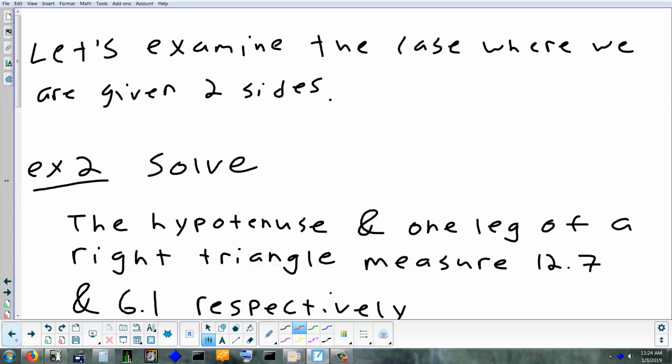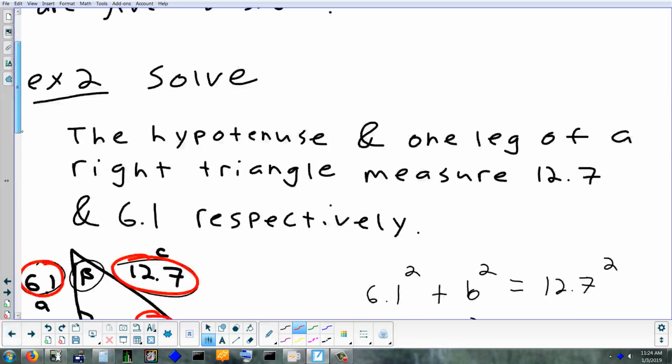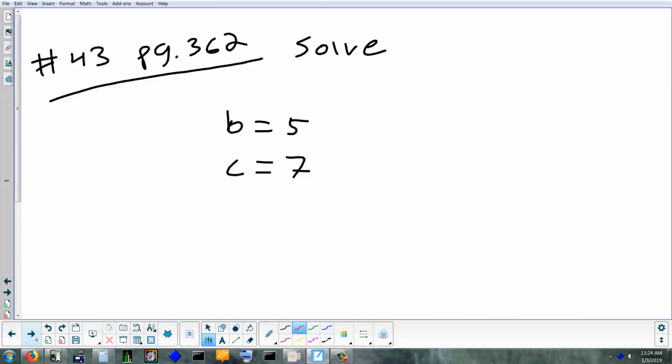So it's just like this one. In fact, it's almost the same thing. They're giving you a hypotenuse and a leg. So any questions on how you'd solve this one with two sides again? Would you use inverse trig here or no? You think, Madison? What do you think? Yes. Why? Because they only give you sides. Yep, they only give you sides. You got to use inverse trig. Is Pythagorean theorem okay? Yes. Yeah, everything's given, so that's okay to use too.